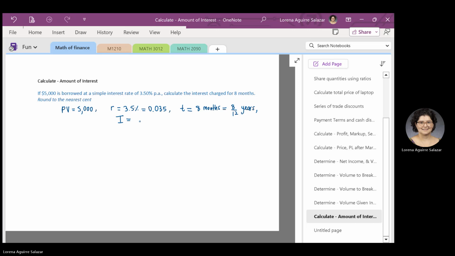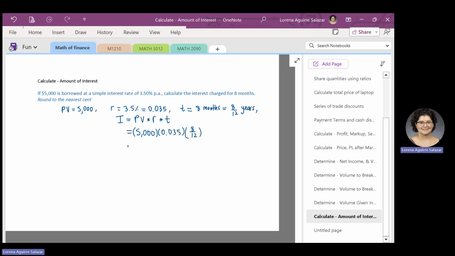And in simple interest calculations, the amount of interest is calculated using the following formula. We multiply the principal value by R and then by T. Here, the interest charged for 8 months equals 5,000 multiplied by 0.035 multiplied by 8 divided by 12.